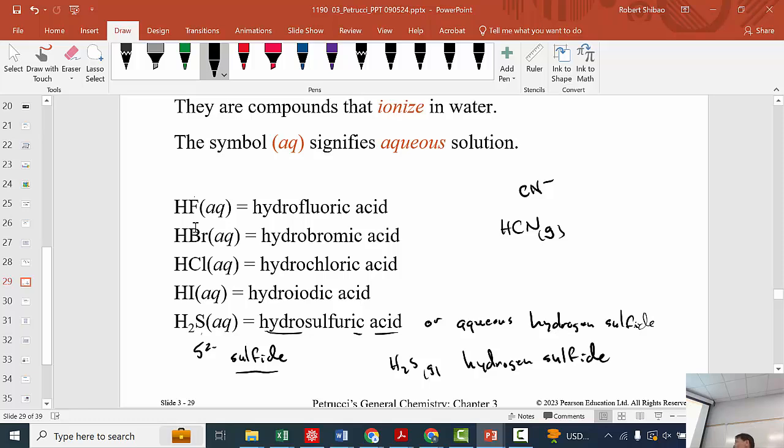More properly it should be called dihydrogen sulfide, but everybody calls it hydrogen sulfide. HCN gas is called hydrogen cyanide. But HCN aqueous is not. HCN aqueous is called what?